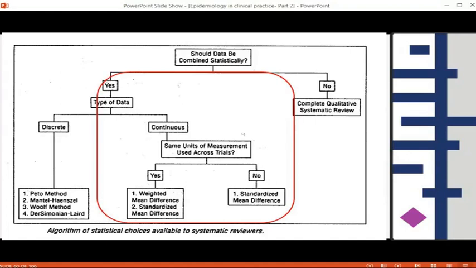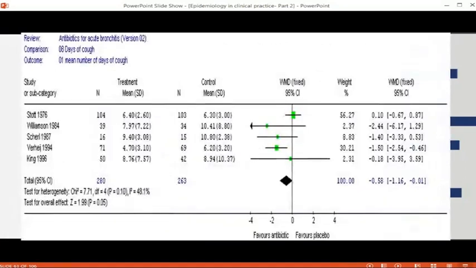If the unit of measurement is different across the scales, and the studies are using different scales, you can pool the data using a method called standardized mean difference. If they're on the same unit, like weight or height or number of days, you just pool the difference and look at the mean difference. So this is the mean difference in studies comparing antibiotics, mean number of days of cough.